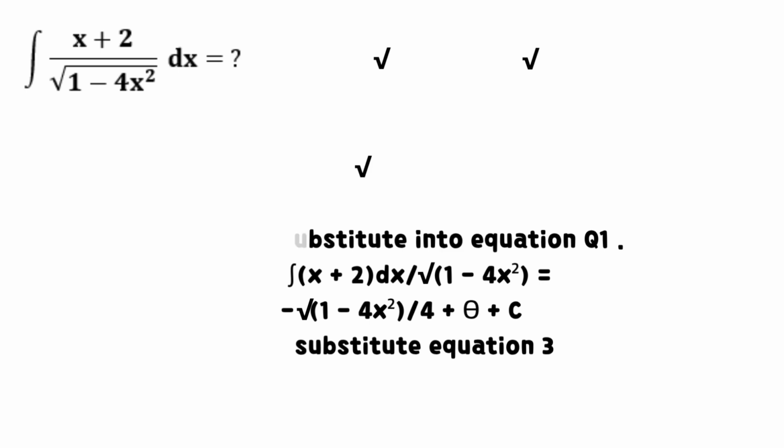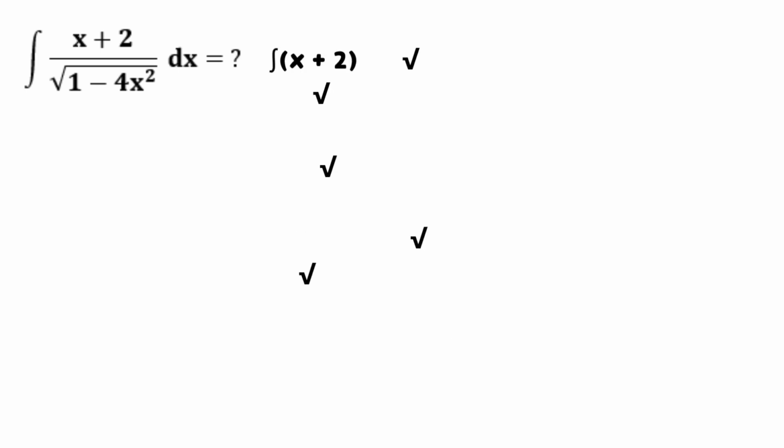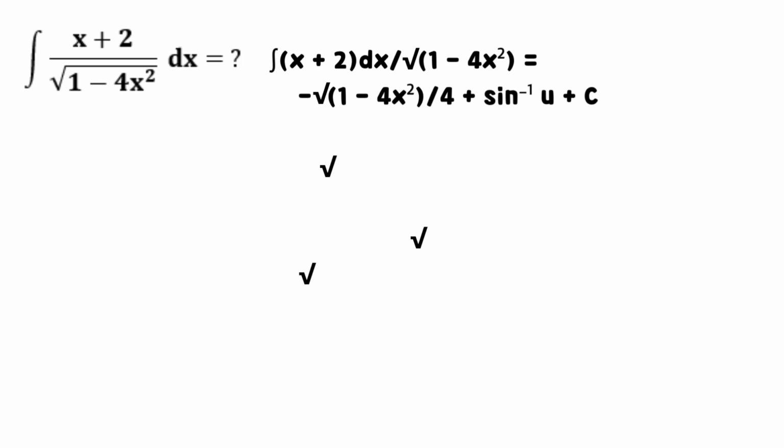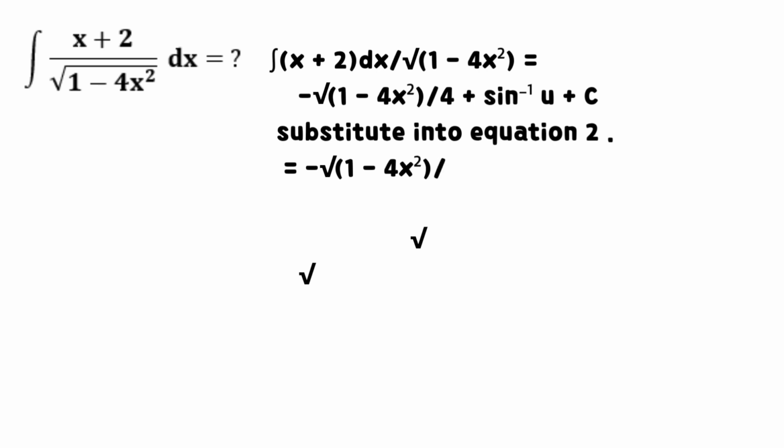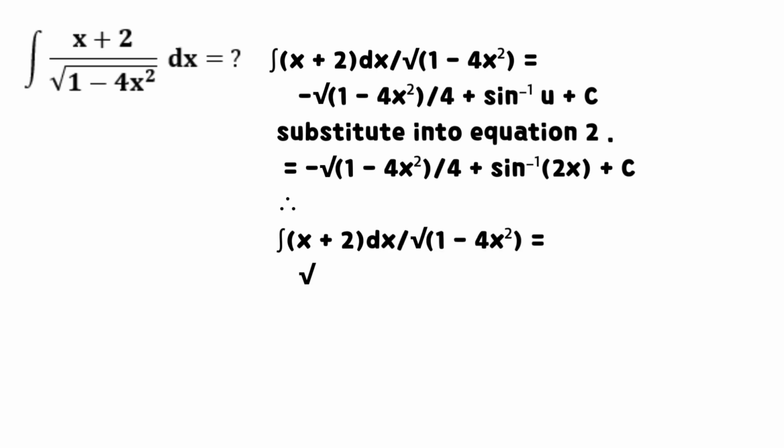Substitute equation 3. The integral of (x + 2) dx, all divided by the square root of 1 minus 4x², equals the sum of negative the square root of 1 minus 4x², all divided by 4, and sine inverse of u plus c. Substitute into equation 2.